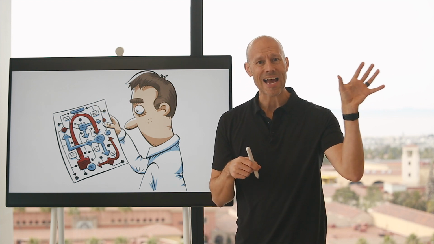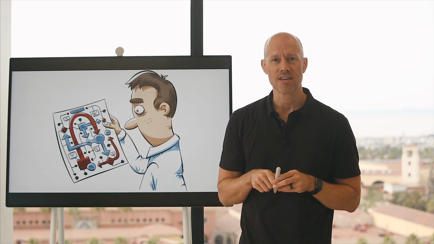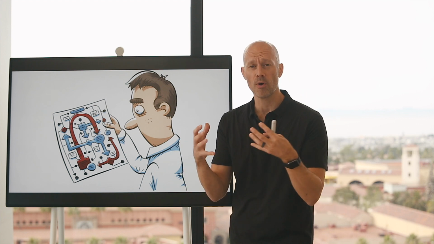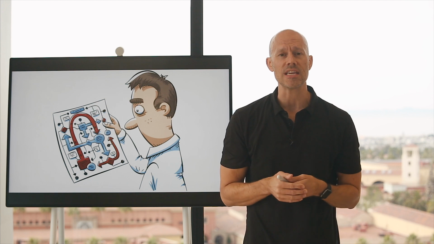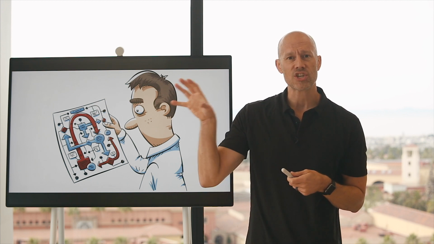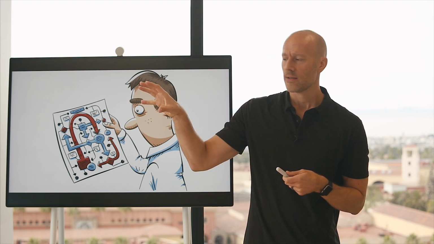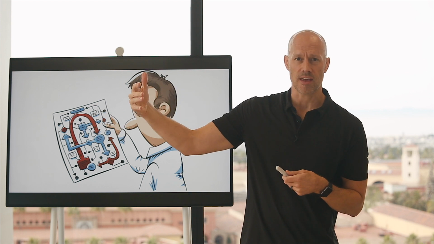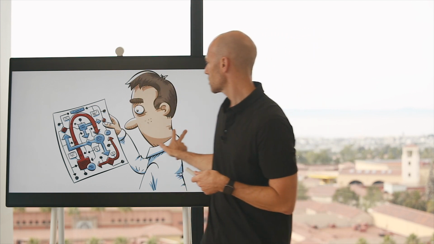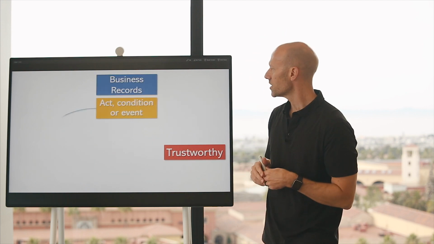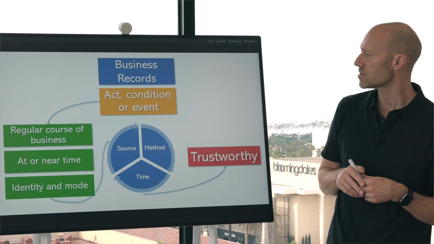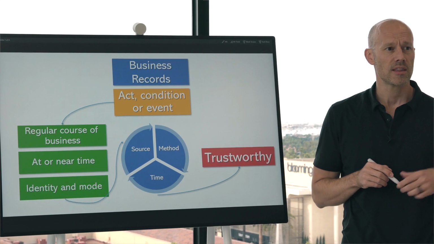Rather, look at the actual language of the statute to see what's required. This goes both when we want to affirmatively get business records into evidence or challenge them for lack of being an admissible business record. So again, let's look at the working rules for the business records exception to the hearsay rule.